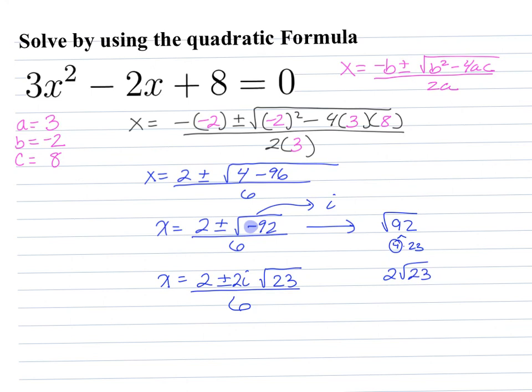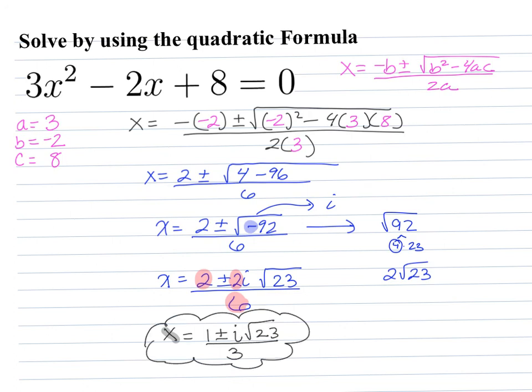And if you notice, all of these three terms could be reduced by 2. So that means my final answer, I'm going to reduce all of these by 2. So I'm going to have x is equal to 1 plus or minus i square roots of 23 divided by 3. If you could reduce, you need to reduce.